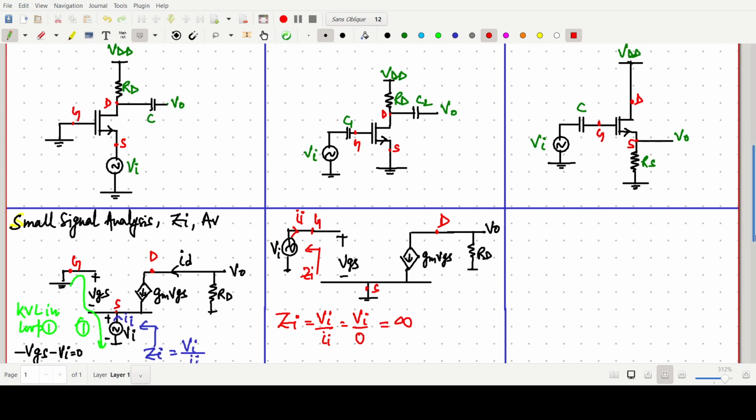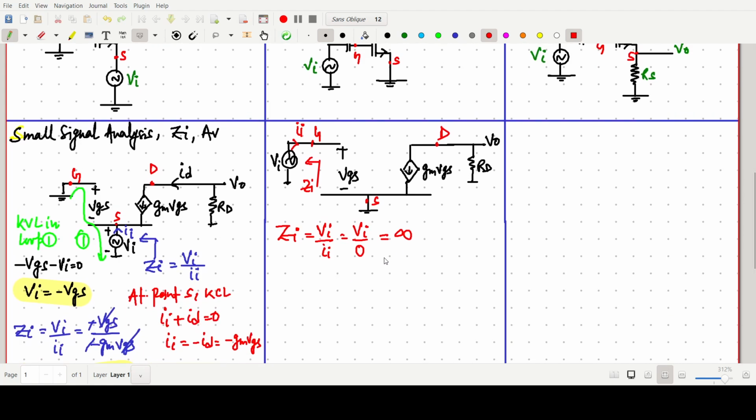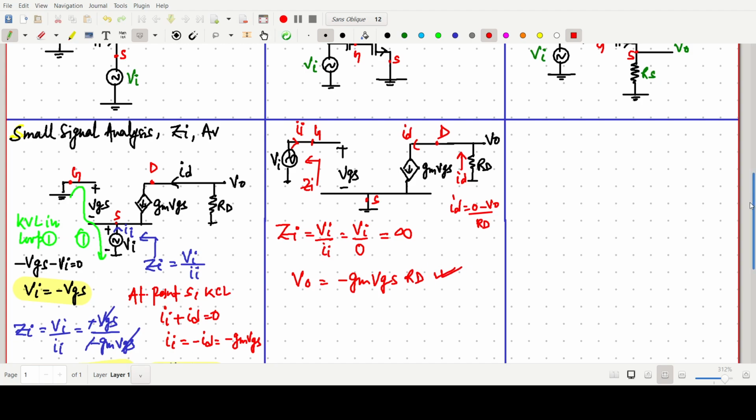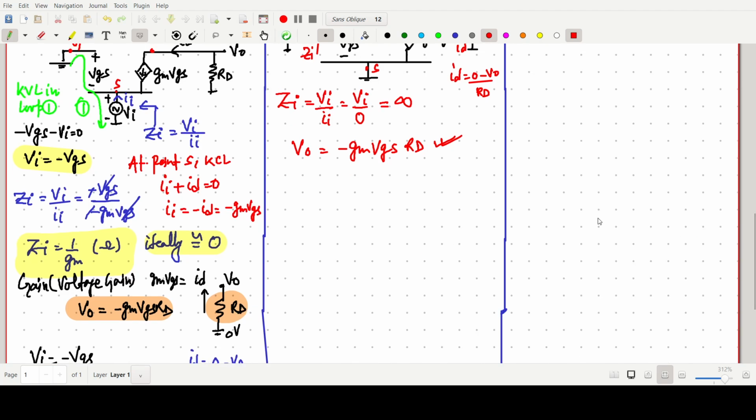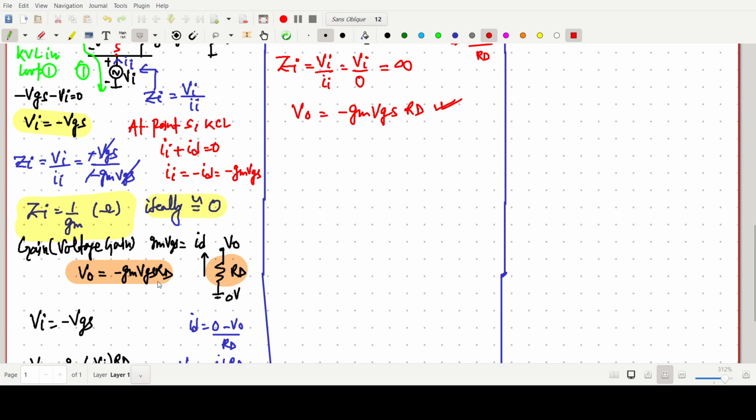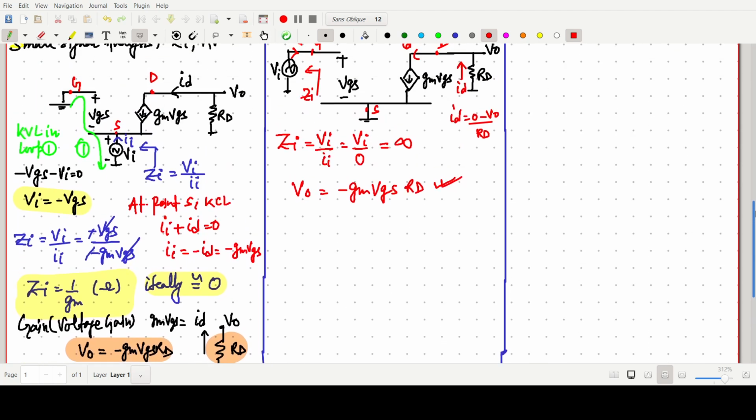Now we have to think about the gain. V naught is simply minus gm VGS into RD. I have already solved this: this is a small id, so id value will be 0 minus V naught by RD, so V naught equals minus id RD, where id is gm VGS.